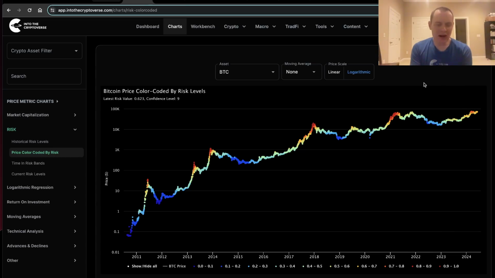And so, what I've said before is that there is not a right answer to this. But what I think makes sense is for people to pick out what risk level they are comfortable with. Now, the first time you go through a market cycle, you might think your risk tolerance is higher or lower than where it actually is.